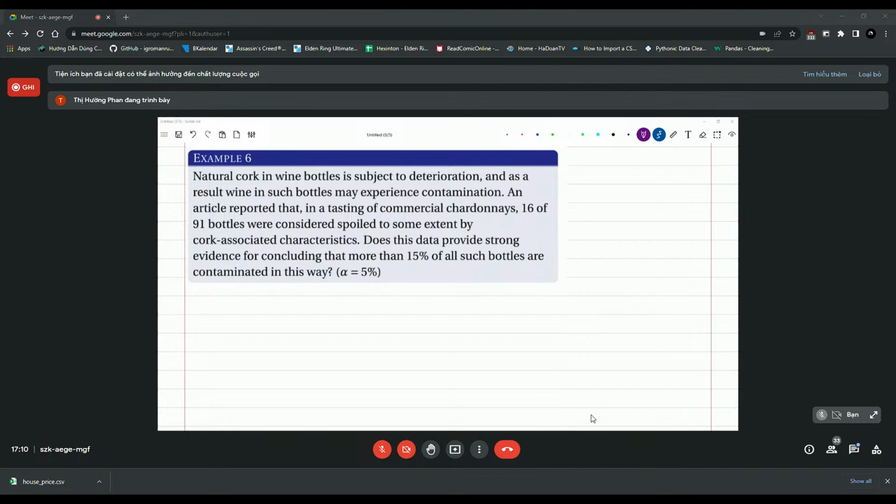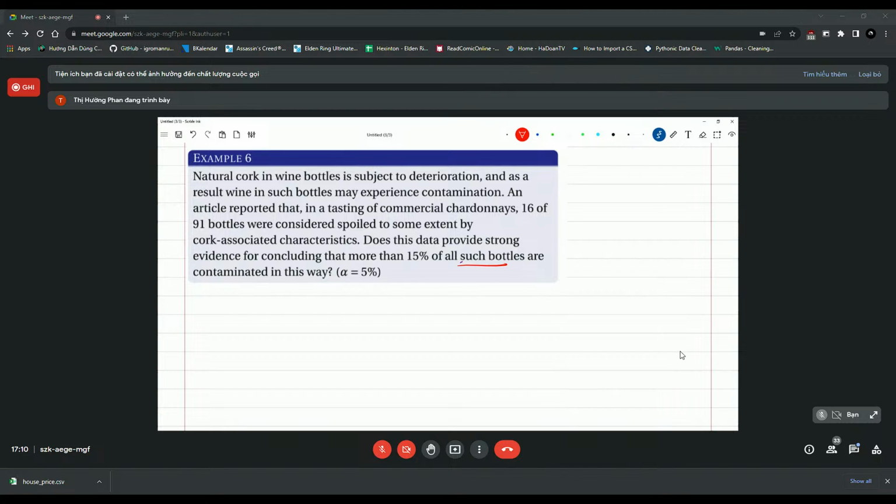Okay, example 6. Now we care about the proportion of portals that are contaminated in this way. Contaminated in this way means that it is exploited to some extent by the associated characteristic.